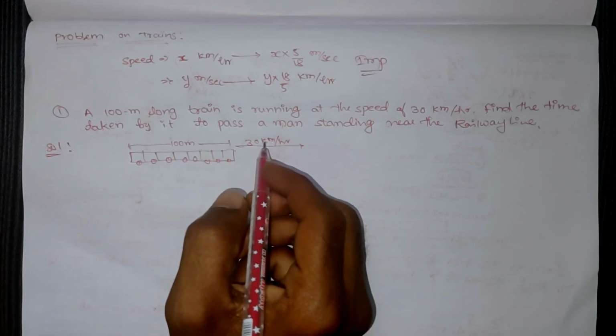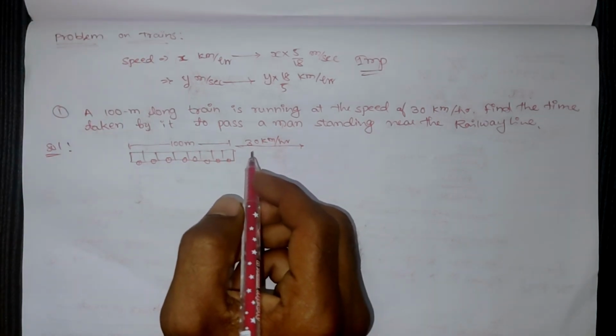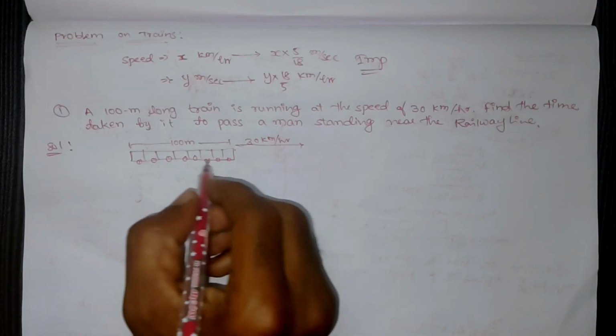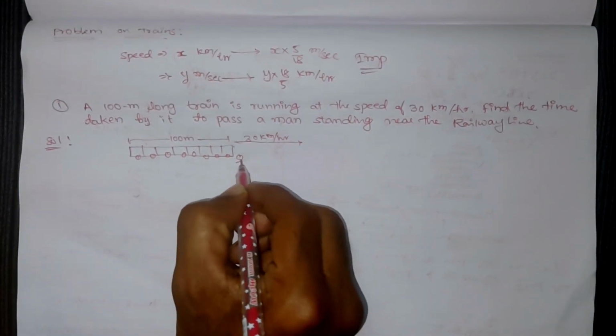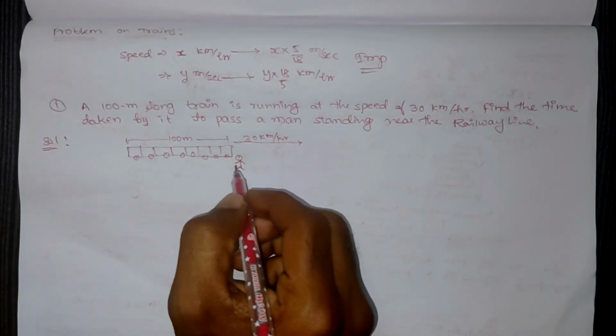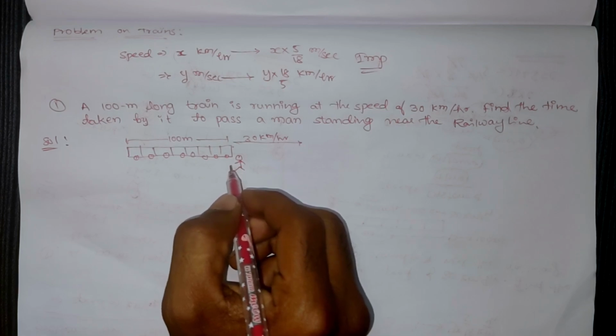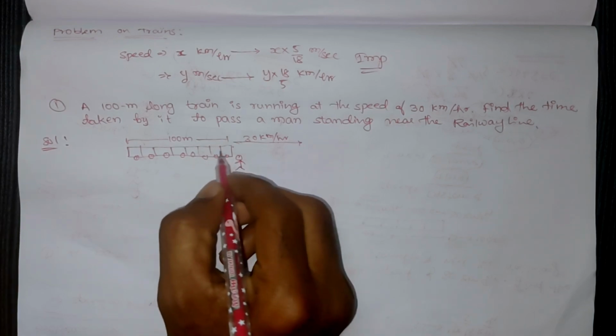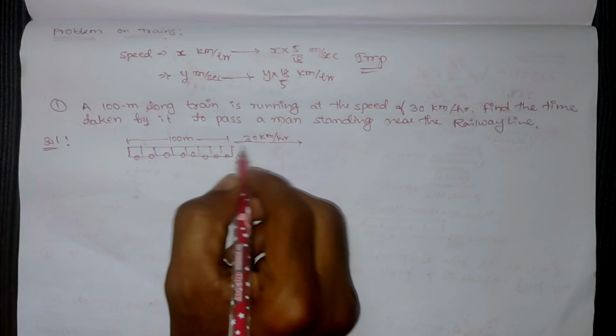And he's asking to find the time taken to pass a man standing near the railway line. So assume here a man is standing. So we have to calculate the time that the train needs to completely pass this man.